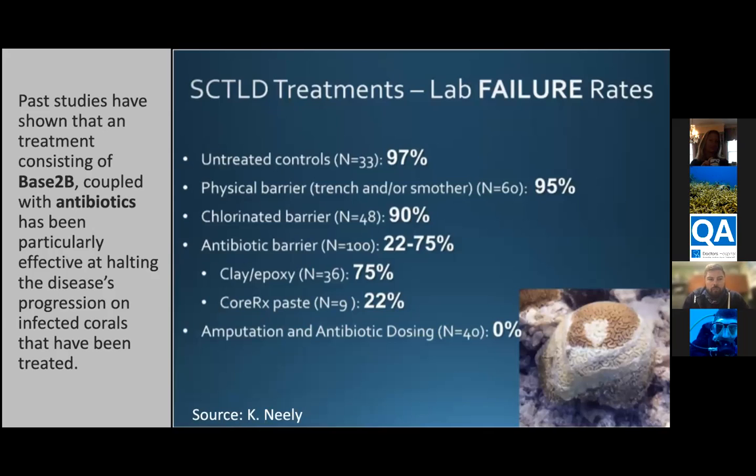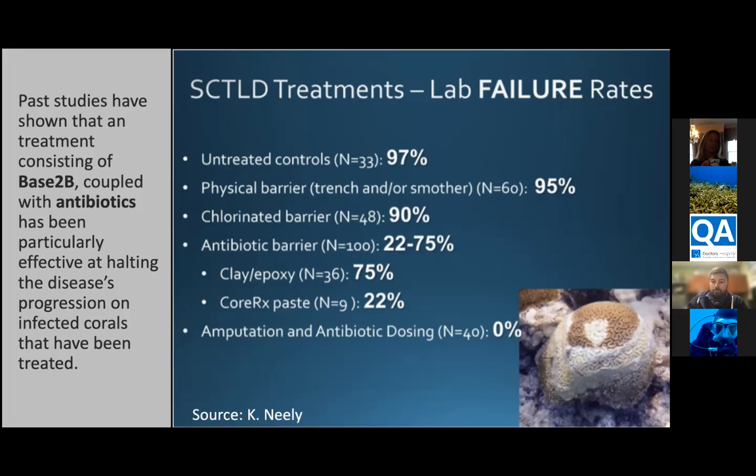Carrying on from that, there have been a lot of studies in the past that have used alternative methods, such as not doing anything at all. As you can see there, this resulted in a 97% mortality rate. So out of 100 corals, doing nothing led to 97 out of 100 corals dying. Some created a physical barrier with some tools.